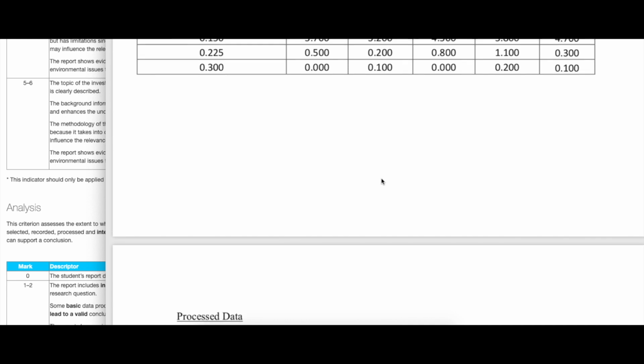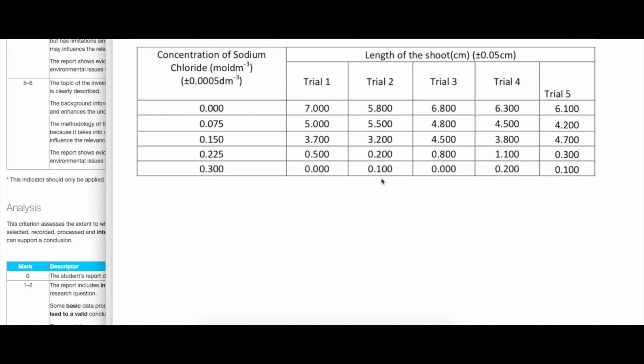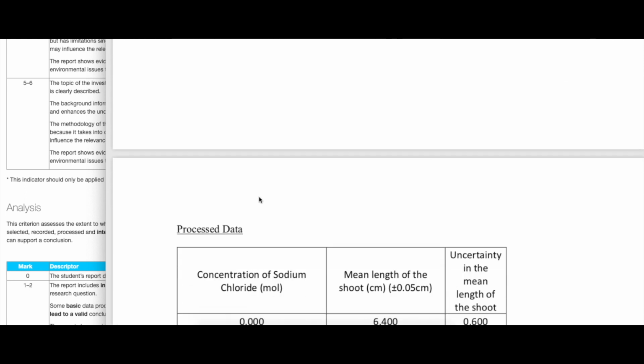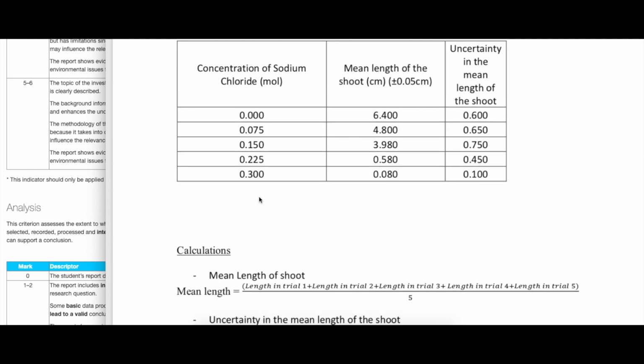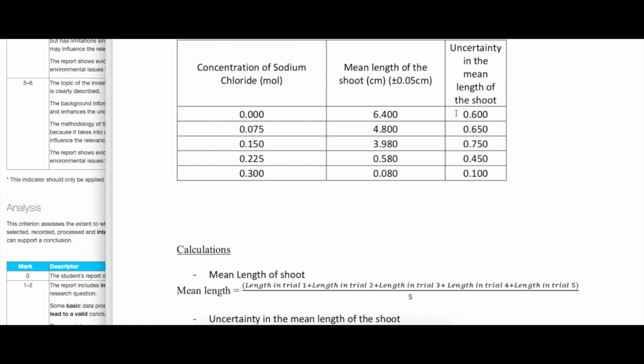The student gave 5 trials, a fair number of trials, and 5 data points on the x-axis for the independent variable, so that too is good. So a substantial amount of data is collected. An appreciation of uncertainty is there, even though it's not consistent with the data and the stated uncertainty.